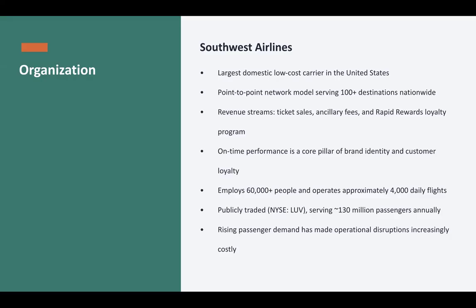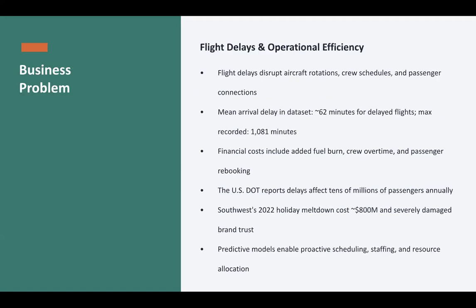With roughly 4,000 daily flights, 60,000 employees, and about 130 million passengers served annually, even small improvements in on-time performance translate to a significant financial and reputational gain. On-time performance isn't just a metric for Southwest, it's central to their brand identity. And I will hand it off to Henry.